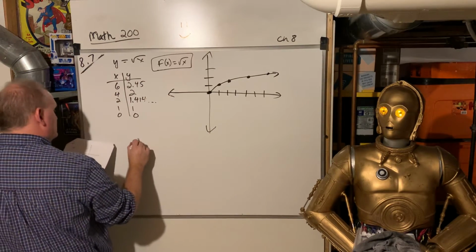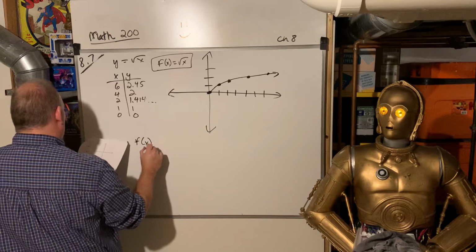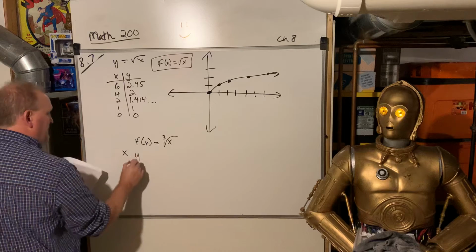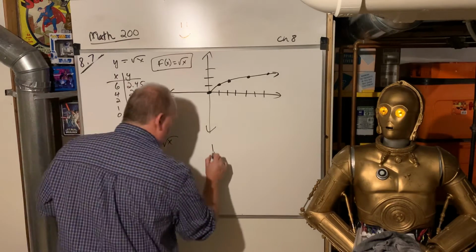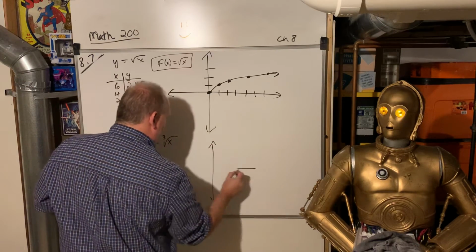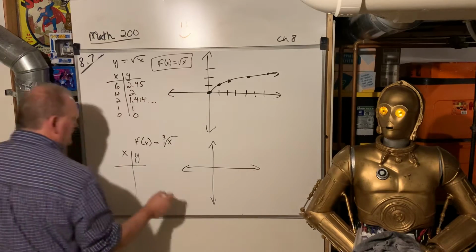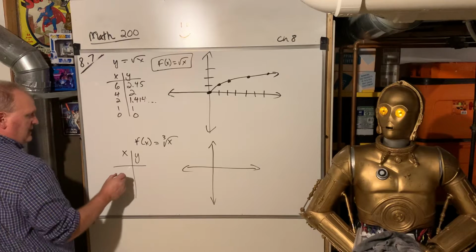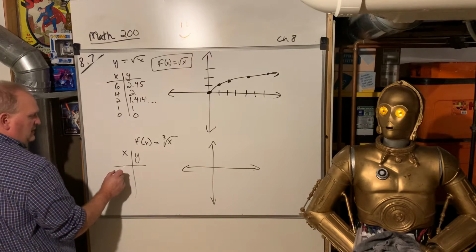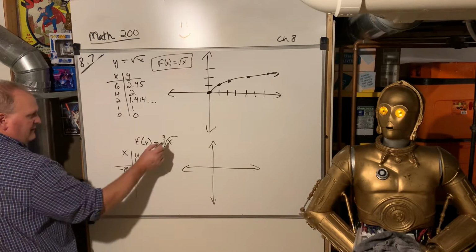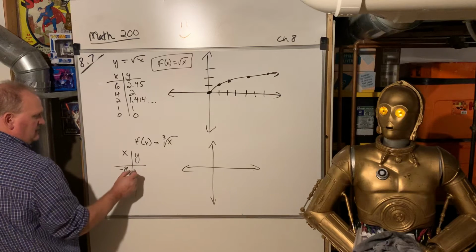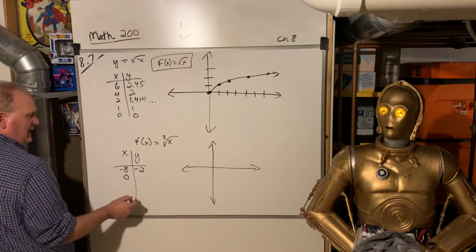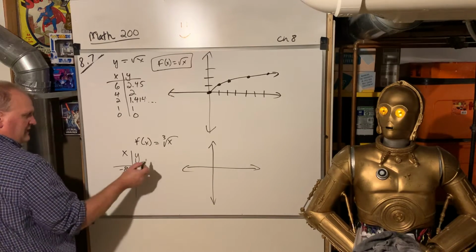Now, f of x is equal to the cube root of x. That's a different story. Now look, they left xy open so we can pick our own. But now look, this time we can put negatives in there. So look, if I take negative 8 and I put it in for x, well then that kicks out negative 2 for y. If I take 0 for x and I put in 0, that kicks out 0.